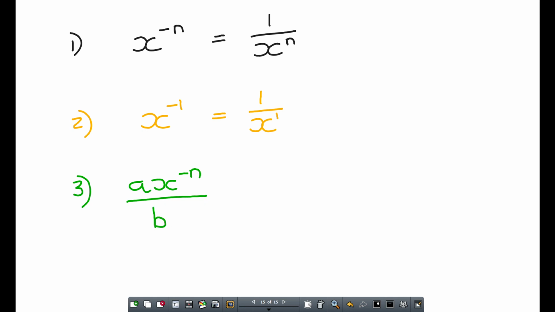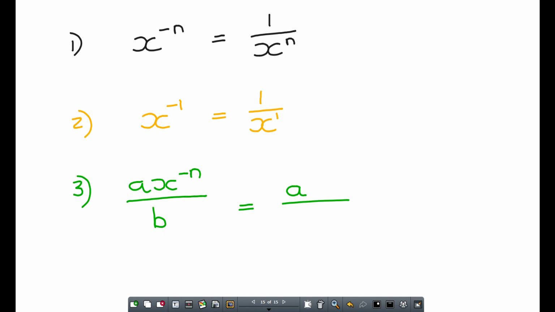Now I'm asking you to leave your answer in positive exponential form, meaning all your exponents must be positive. What's the exponent of the a? Is it positive or negative? Positive. So does that have to move? No. So the a is going to stay at the top, right?